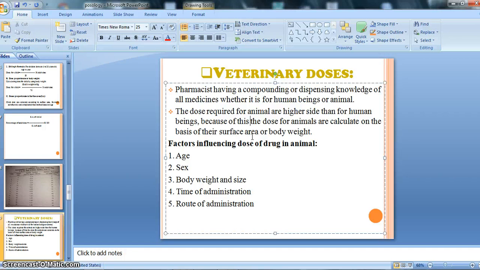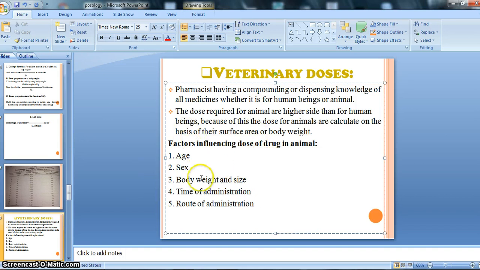As compared to animals, human beings have a smaller surface area, body weight and also height. That's why human beings need a small dose for their treatment.